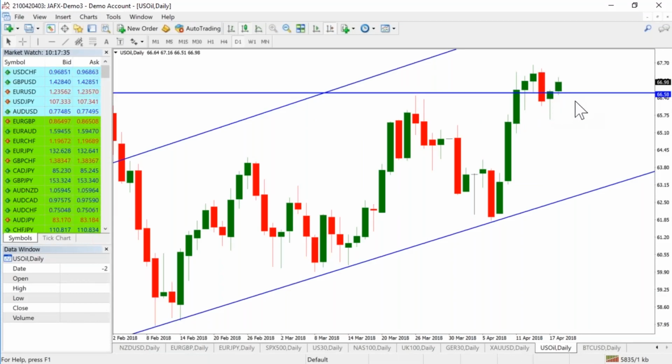So we're going to watch these highs, and we're going to see what happens to price in and around this level. So again, we'll apply a little bit of patience to those markets. So that is the commodity markets as well.